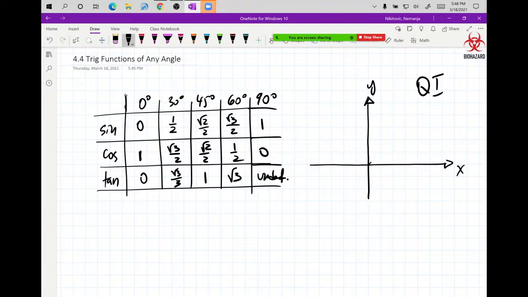Here's your 45-degree angle, here's your 30-degree angle, here's your 60-degree angle. I can't draw. So this is your 0 degrees, 30 degrees, 45 degrees, 60 degrees, and finally 90 degrees.